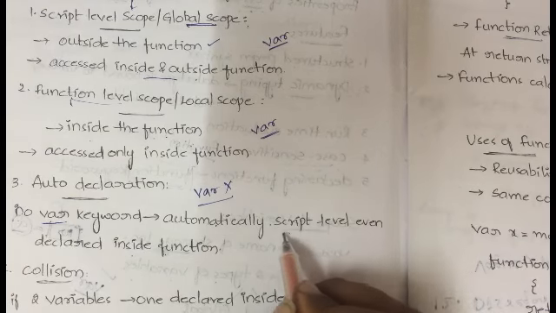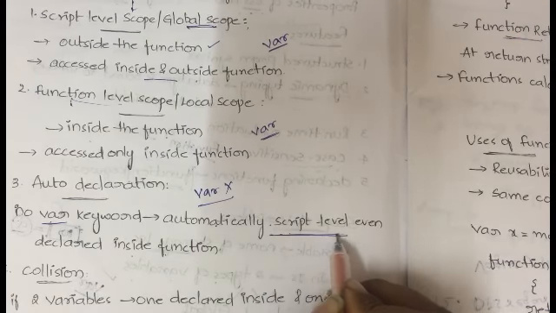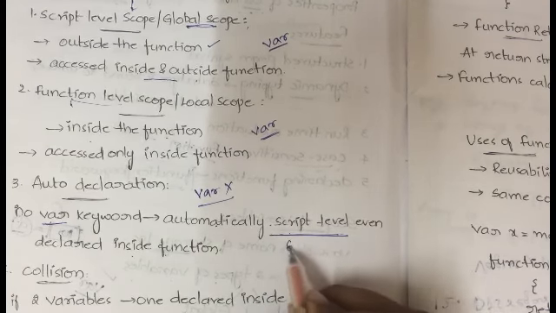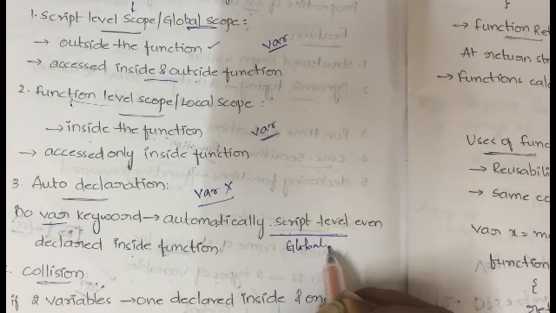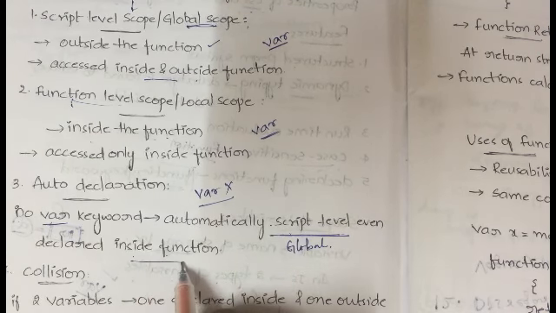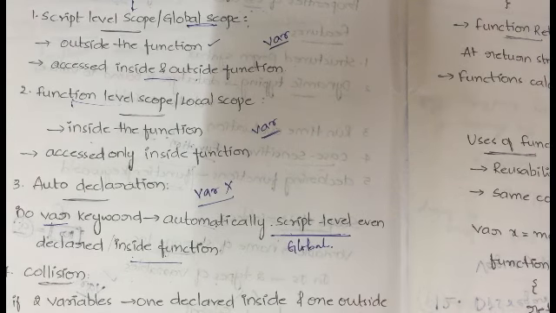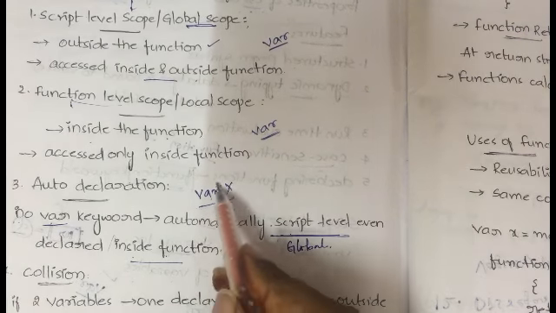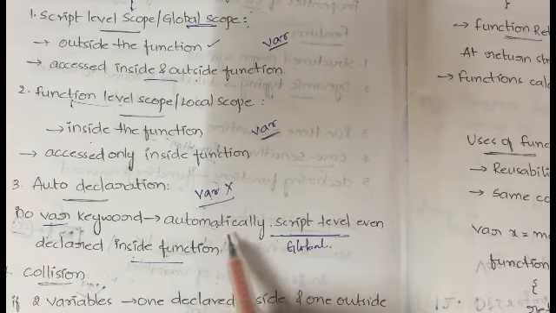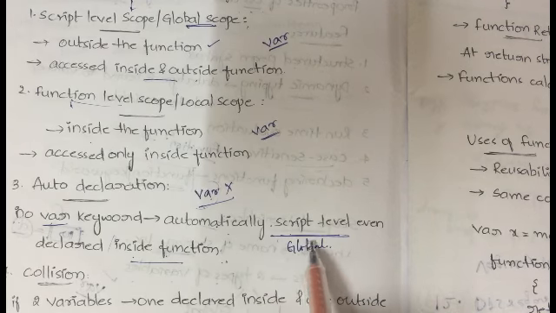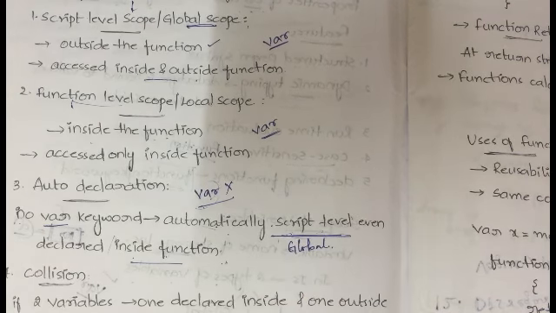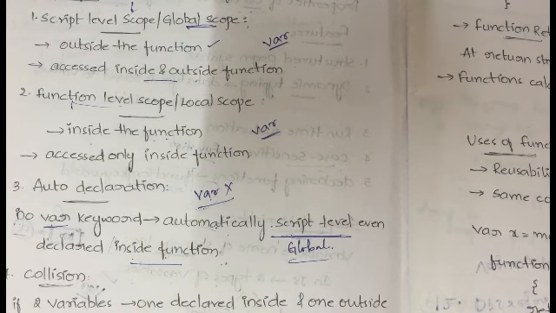That means it will consider that variable as a script level variable, which is nothing but global scope, right? Actually if it is declared inside the function, it must be a local variable, right? But still, if the var keyword is not used, even if you declare it inside the function, it will be considered as a script level variable only, which means a global variable only. Done. So this is about auto declaration.